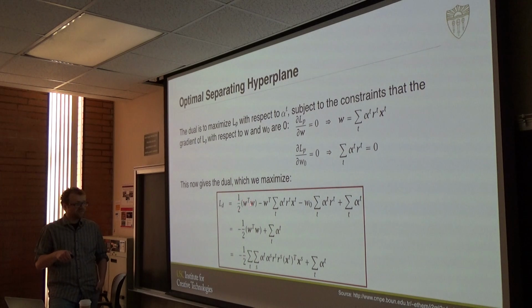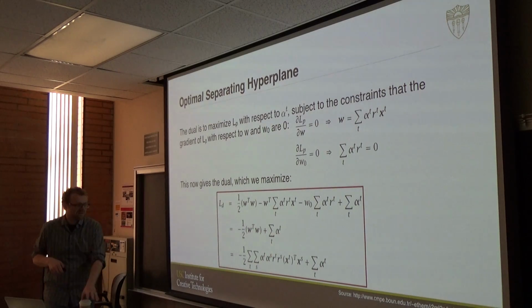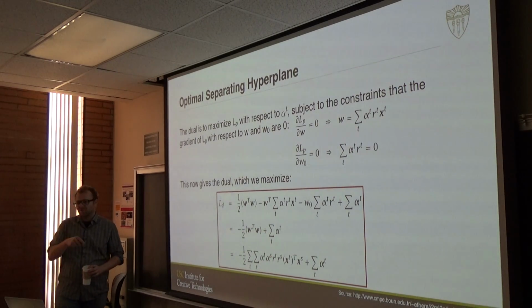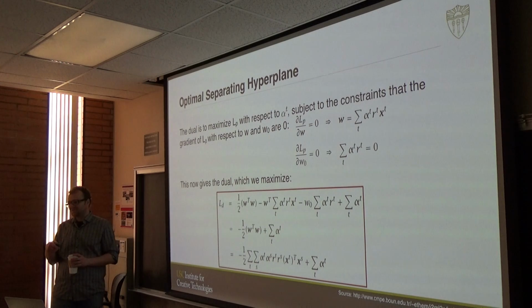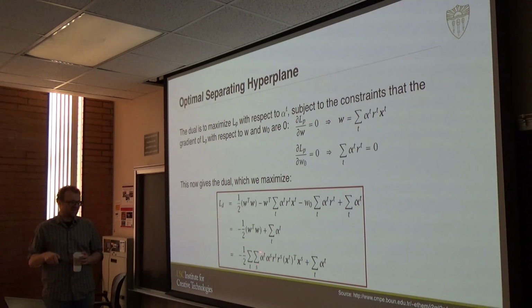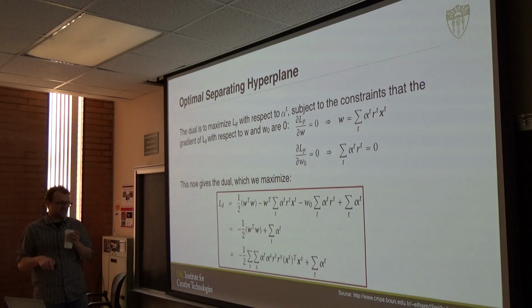So half dot product minus dot product is minus half dot product, and then we can replace those w's with these, and since we have one transpose here, we need to do a double sum. In one case, s is the iterator over all the data points. In the other case, t is the iterator over the entire data set. So we have n here, and n here.